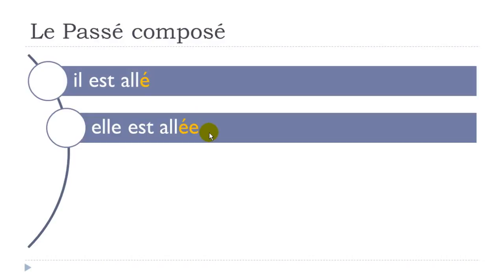You will have to put at the end of this participe passé form something according to the gender. So in that case it's the feminine form. You will have to put e at the end, okay?